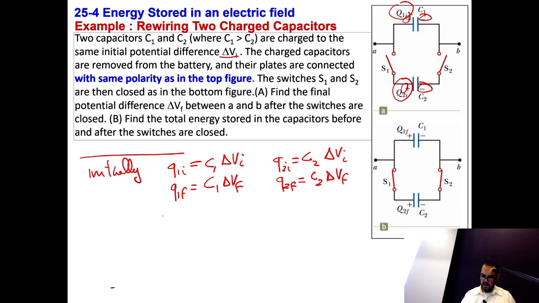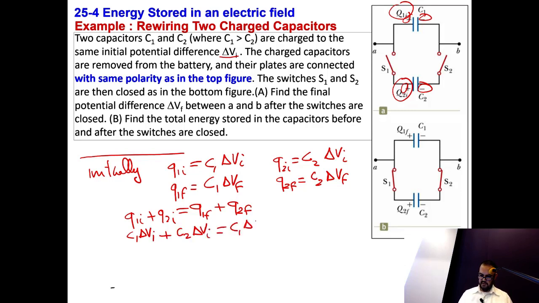So we can say Q1 initial plus Q2 initial is equal to Q1 final plus Q2 final, correct? Because the charge is conserved in this case. So let's replace: we have C1 delta V initial plus C2 delta V initial equal to C1 delta V final plus C2 delta V final.